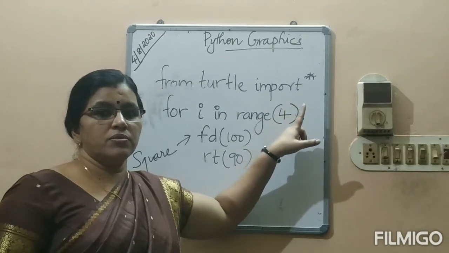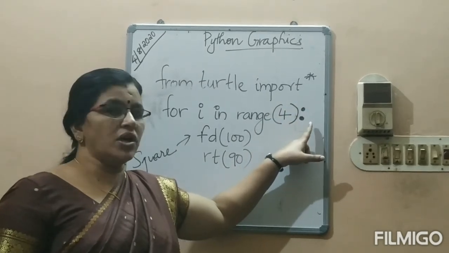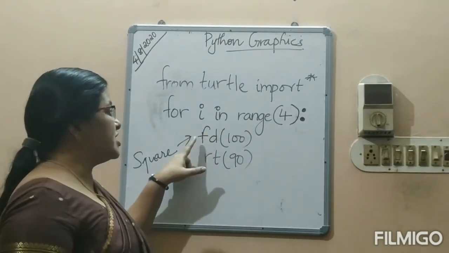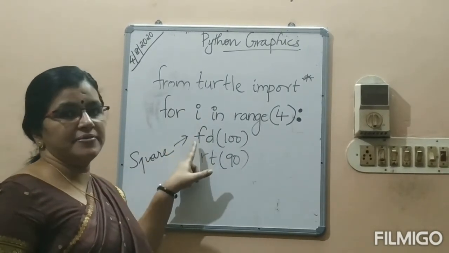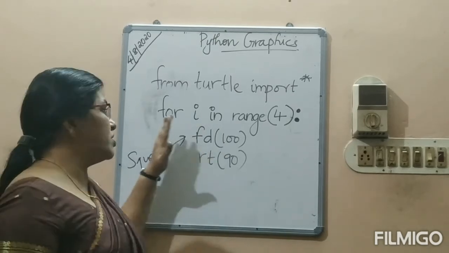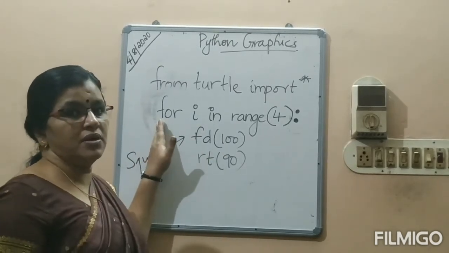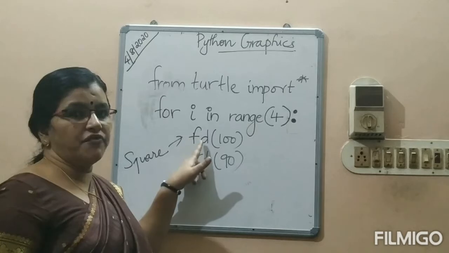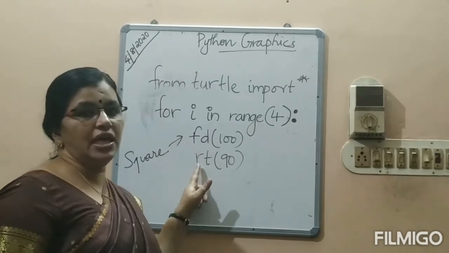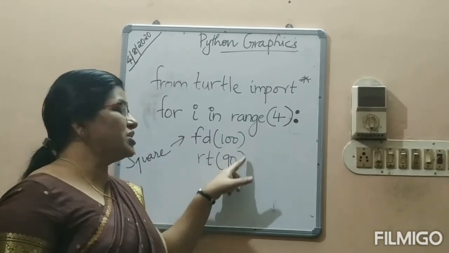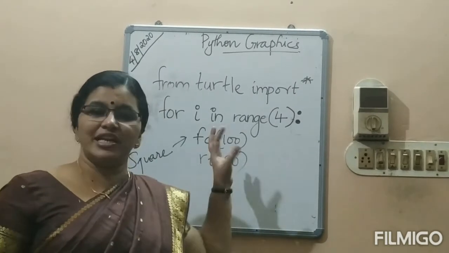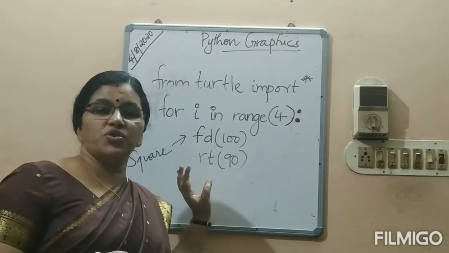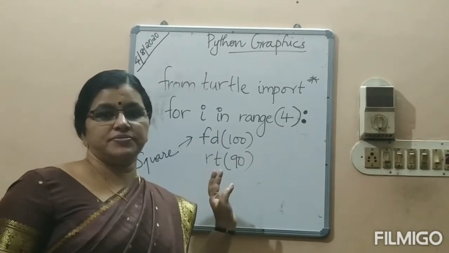When you put a colon here and press the enter key, the cursor will be below I, not to the margin of 4. Here you have to write FD 100, RT 90. These are the 2 steps which are repeated. How many times? 4 times. Is it clear to you? This is for drawing a square.